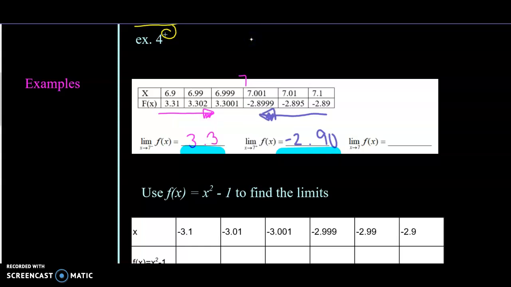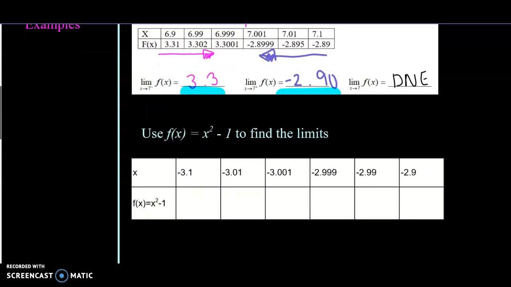So when they are different, in this case, both different numbers, my limit at 7 does not exist. How do I denote that it does not exist? You put DNE. In order for it to exist, these two values right here have to be equal. We're going to see another example to see if that helps you out.